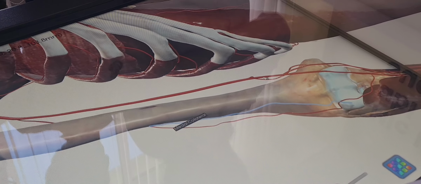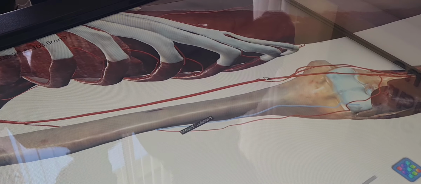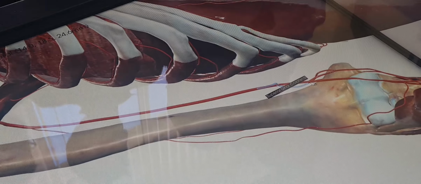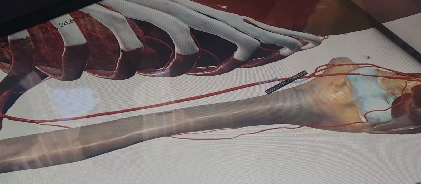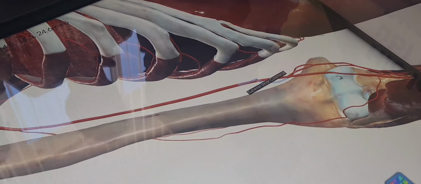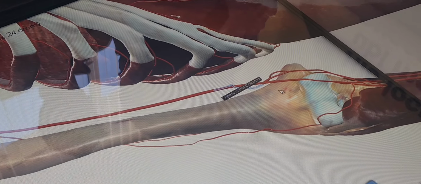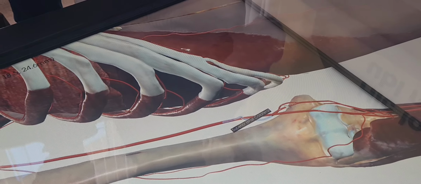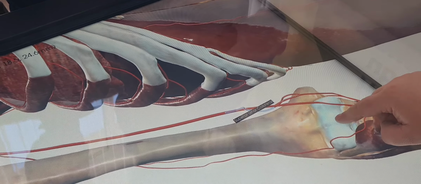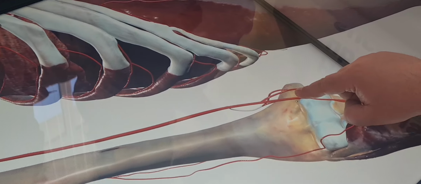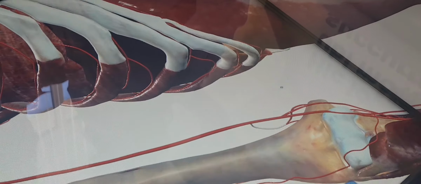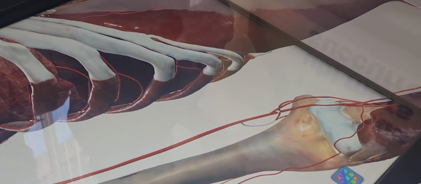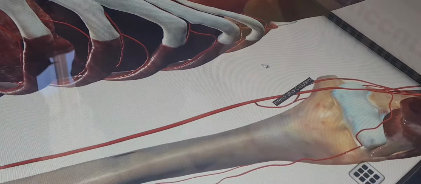Other branches from the brachial artery are arteria collateralis ulnaris superior and, just a moment, yes, that is another artery, that is the superior collateral, and it is the inferior, arteria collateralis ulnaris inferior.